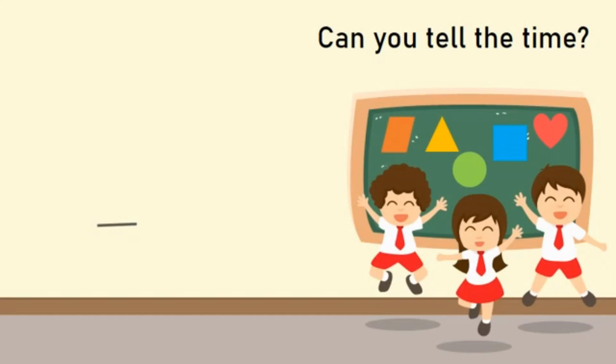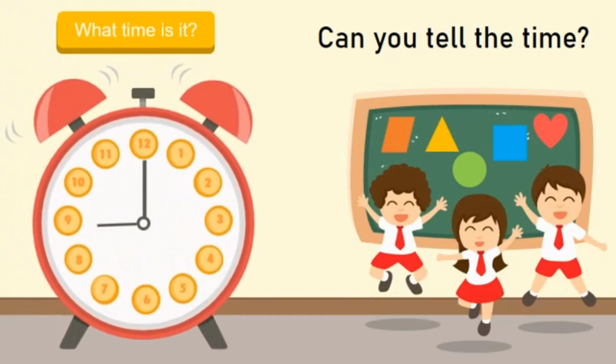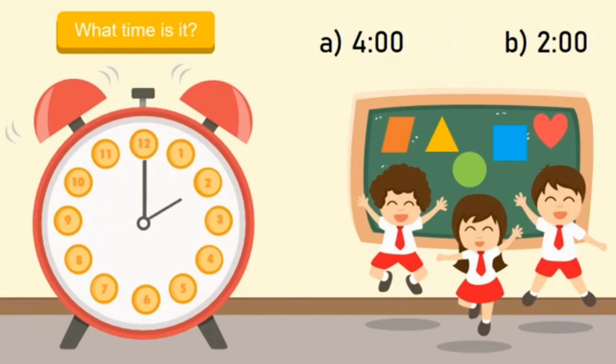Let's play a little game. Can you tell me the time? I am going to show you clocks showing different times, and you have to guess what time it is. Are you ready? What time is it?